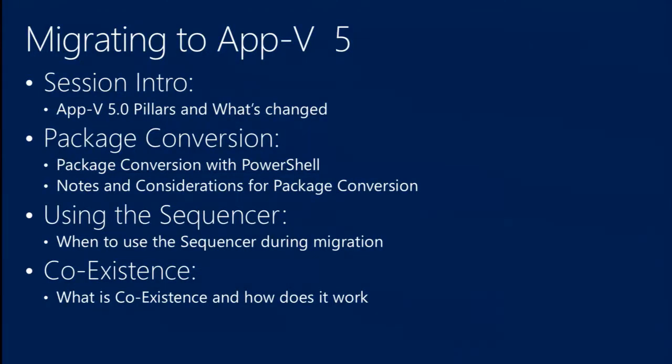But the mistake that we made is that we didn't actually put out enough documentation. We made the technologies available, and people found them and thought, okay, I'll convert all the packages and then move over to 5.0. And that is a fairly complicated process.